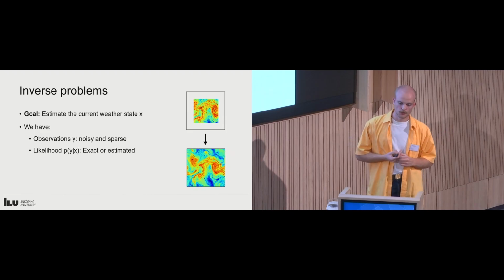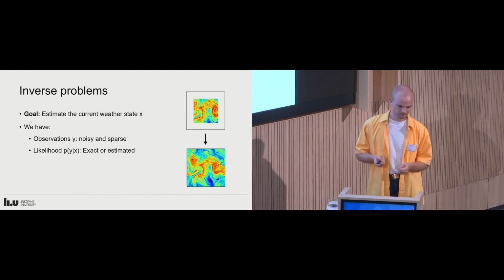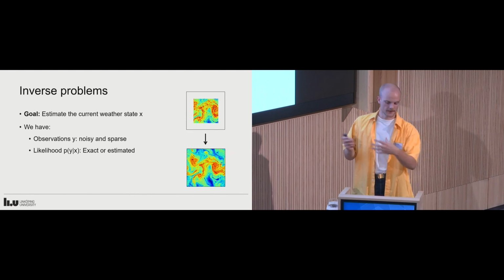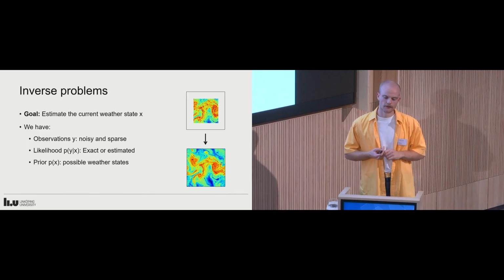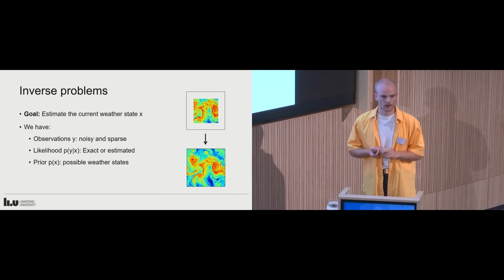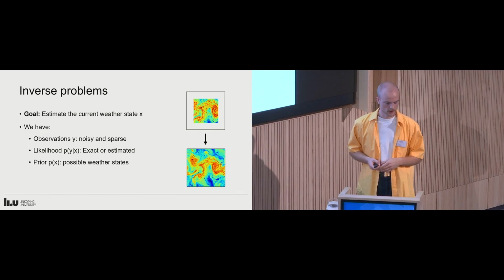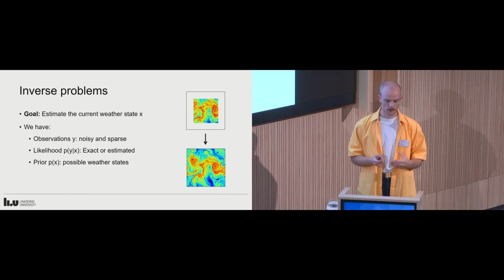We also assume to have access to some kind of likelihood, either exact or estimated, as in the lensing case yesterday. And finally, to make this work, we have to assume that we have some kind of prior, which is supposed to represent all possible weather states.